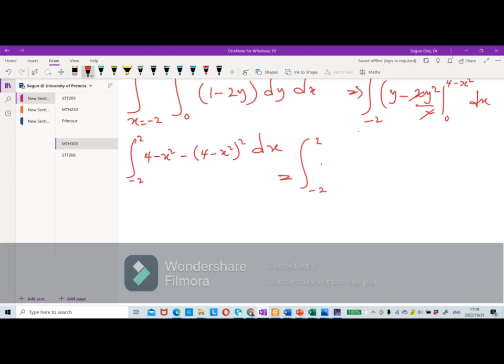I should ask you to go and solve it. We're almost through, sir. Let's finish it. This one is very simple and straightforward, sir. At this stage, it is straightforward now. When you open the brackets, you have x squared minus 16 dx.